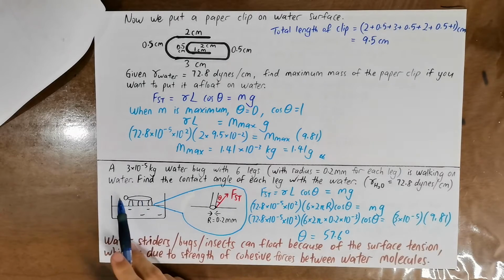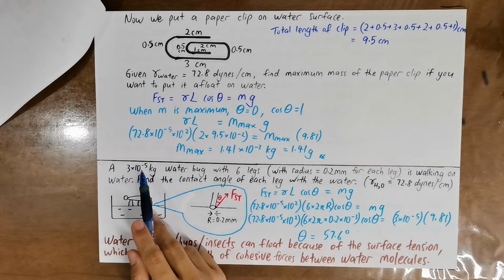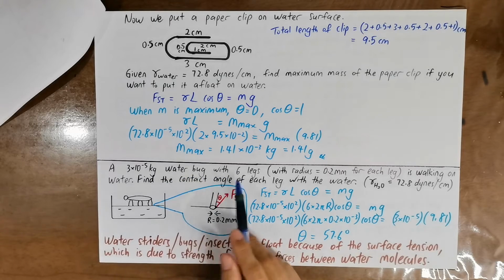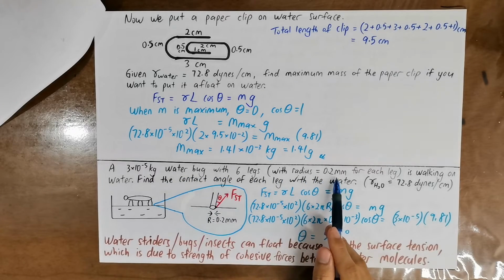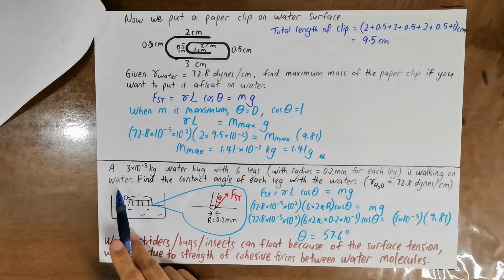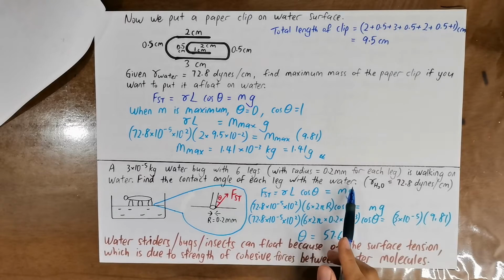Now you have a water bug, an insect, or maybe we call it a water strider. A 3 times 10 to the power negative 5 kilogram water bug with 6 legs, with radius 0.2 millimeter for each leg, is walking on the water. Please find the contact angle of each leg with the water.